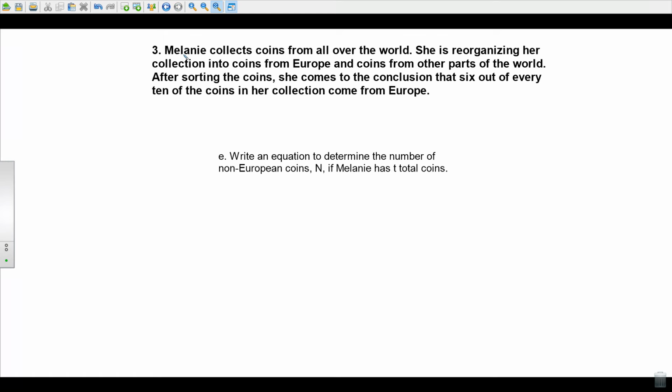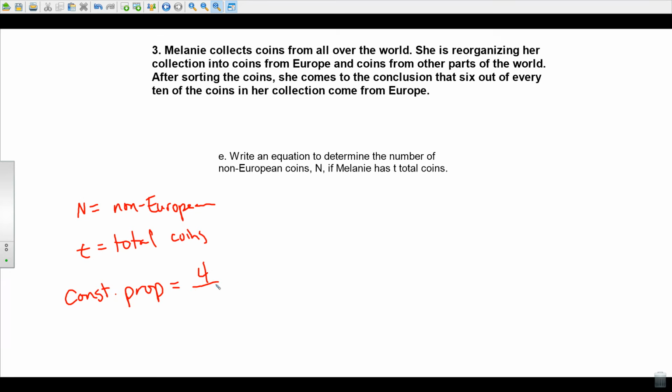For part E, we're writing an equation for the non-European coins. So non-European coins is N. And we're still using T for total coins. Our constant of proportionality in this problem, since we're dealing with non-European, is that ratio of non-European to total, or 4/10.